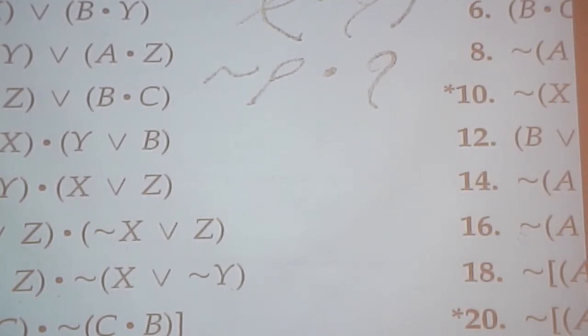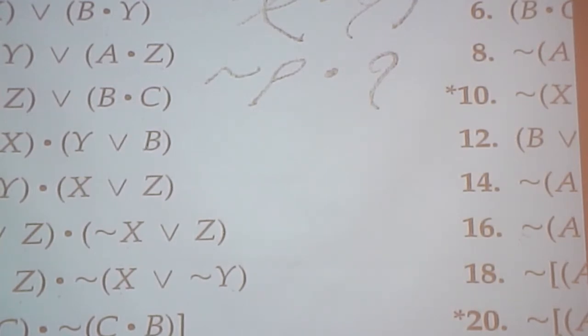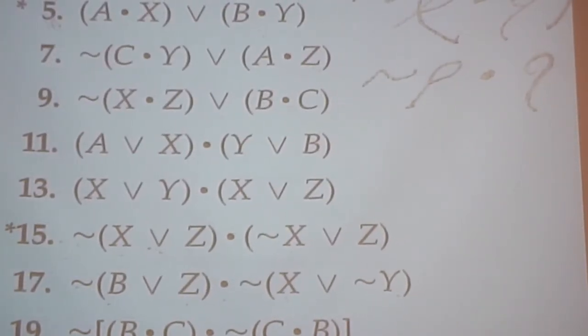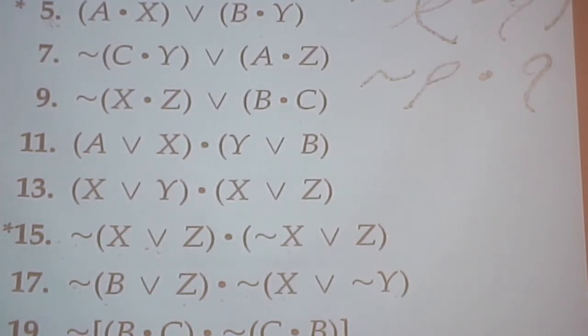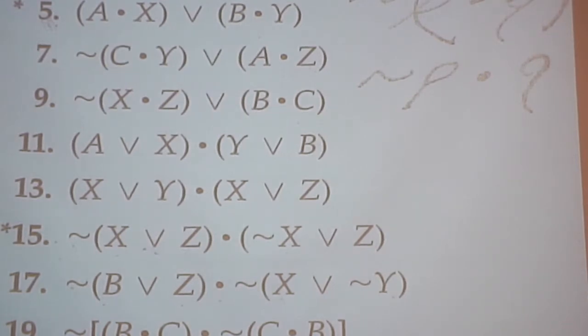So that one on the top is not both P and Q. The one on the bottom is simply not P and Q. Well, in number 5, we have dots within punctuation. So keep in mind when we read it, we have to introduce each dot, each conjunction, with the word both.